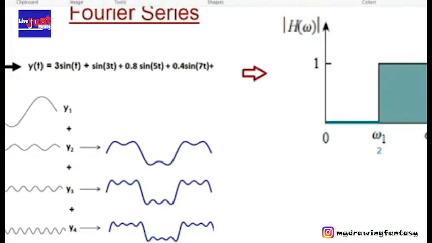By looking at that, we can tell the output will contain only 3 and 5, because only those two frequencies are within this particular spectrum. And 1 and 7 will not be allowed by this bandpass filter because they are not in the spectrum.